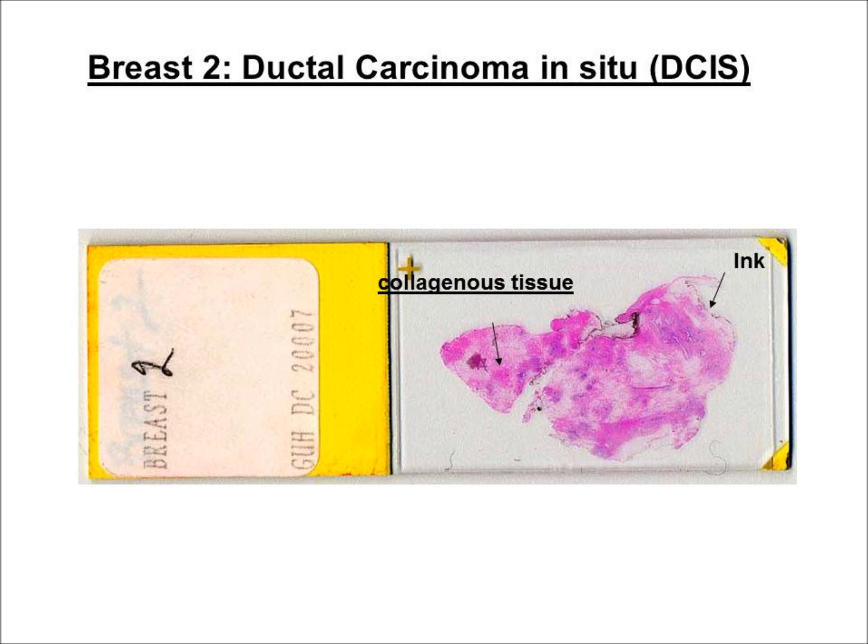This ink was applied to the outside of the specimen immediately after surgery to indicate the margins. Now, one of the important duties of the pathologist is to determine if all of the tumor cells have been removed during surgery. If the pathologist examines a specimen under the microscope and finds tumor cells close to the ink stain margin, then there is a good chance that tumor cells still remain in the patient. This is not a good thing.